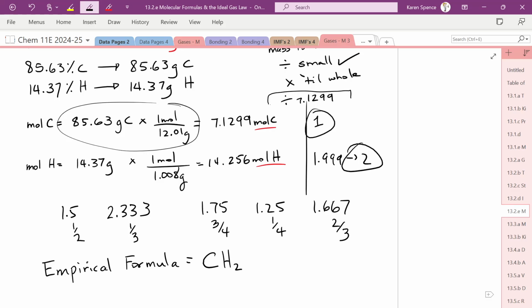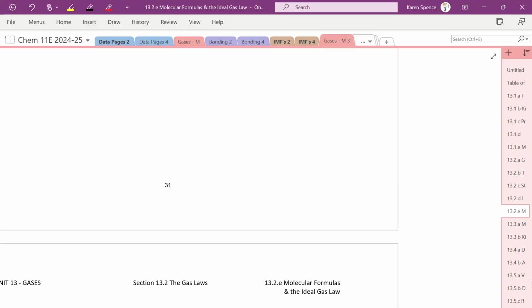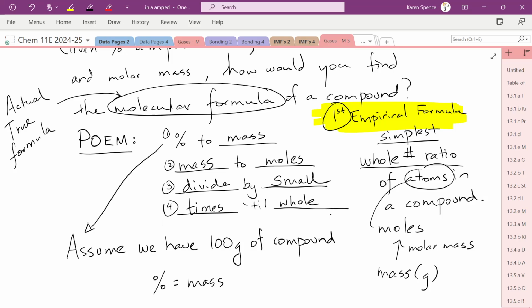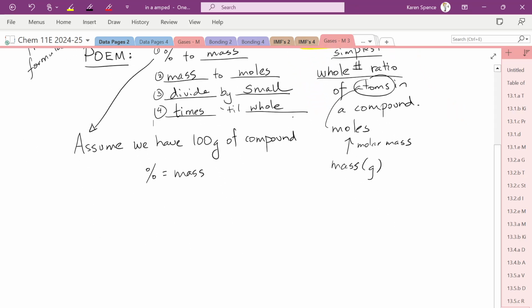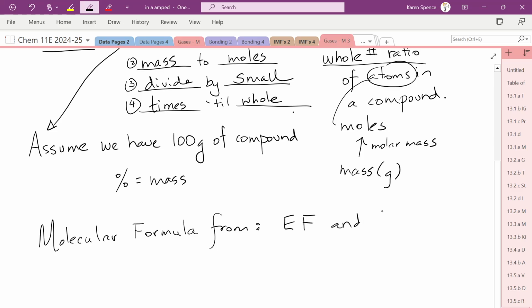Let me go back here. We need to find the molecular formula from the empirical formula and the molar mass.